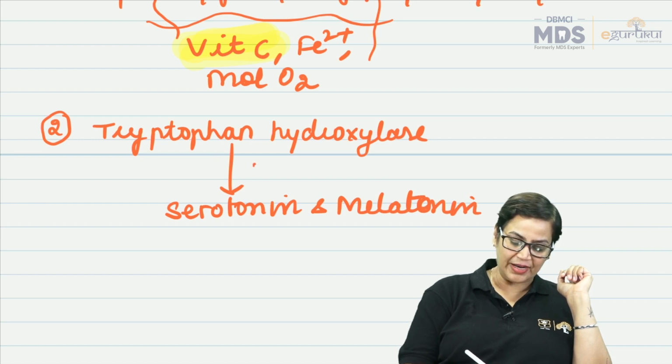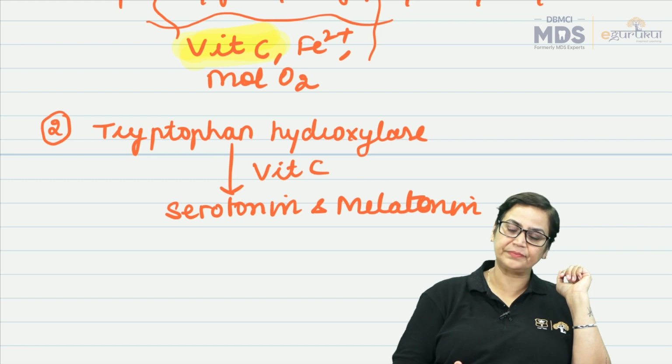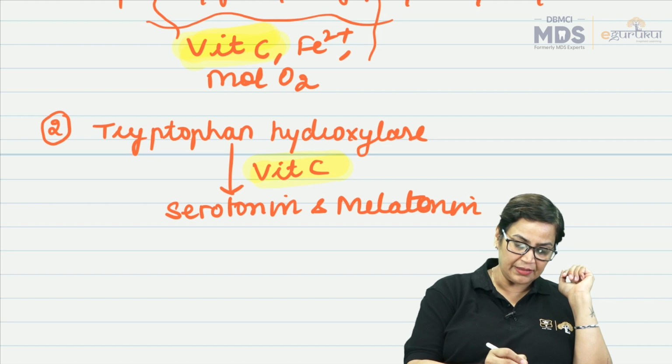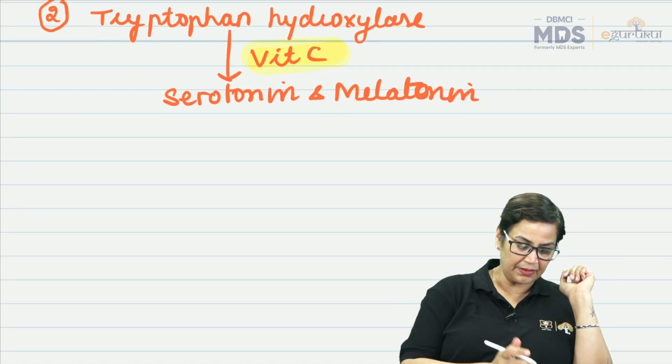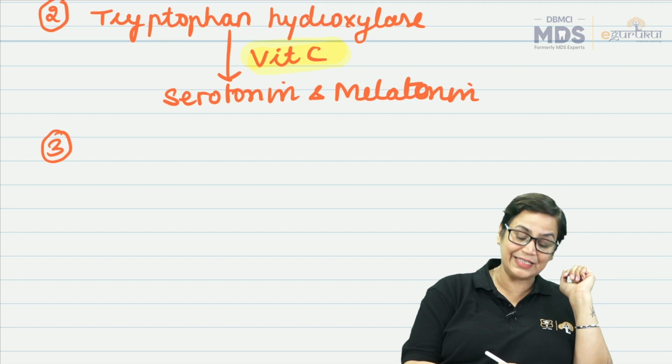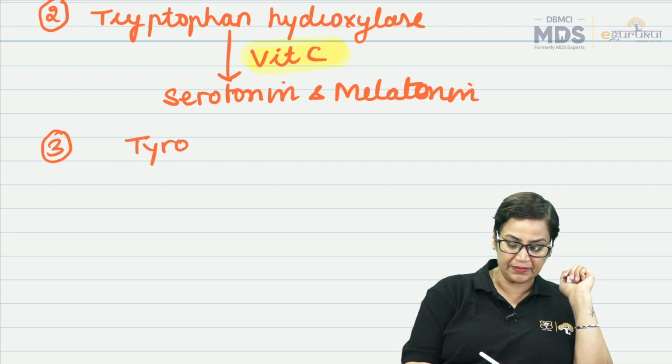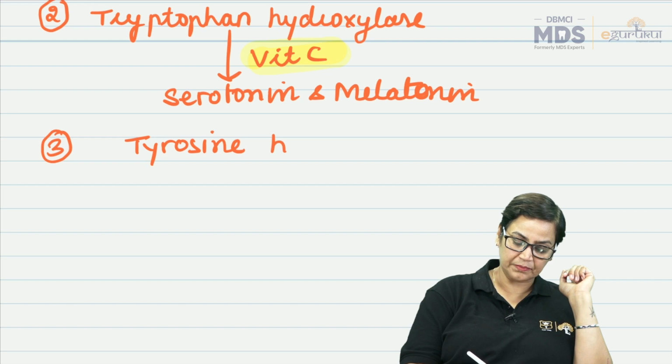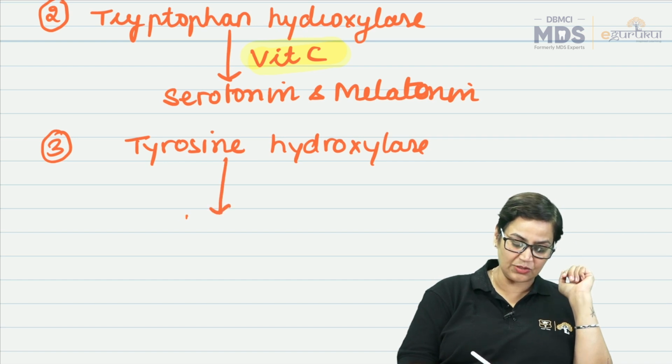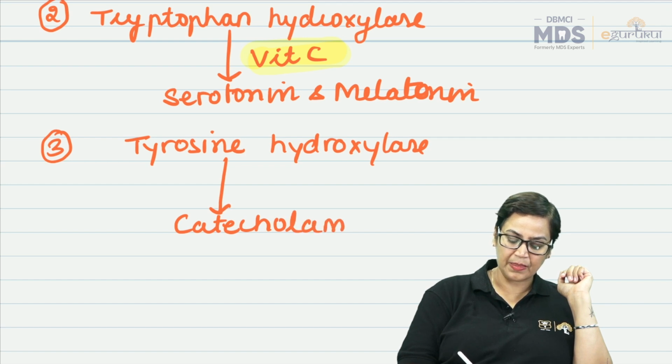So again, vitamin C is there. Right? Then third is tyrosine hydroxylase. Again, this is required for the synthesis of catecholamines. Again, vitamin C.